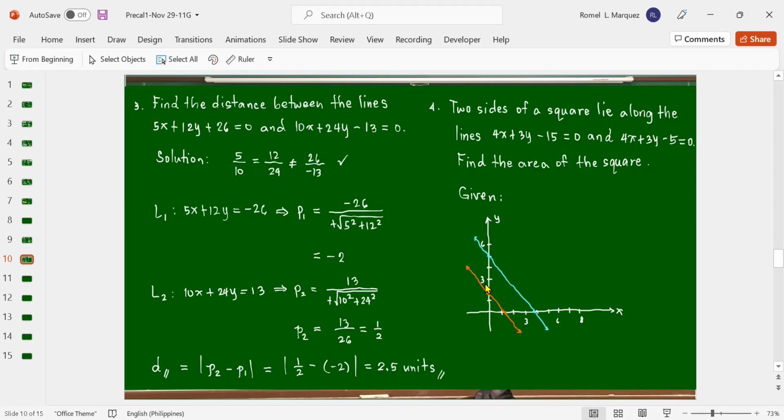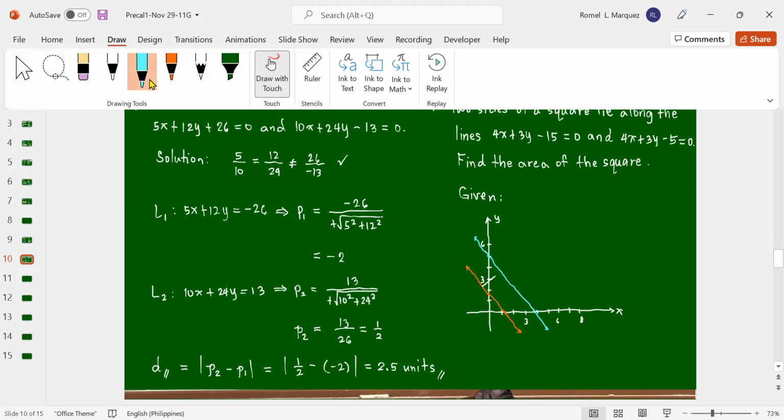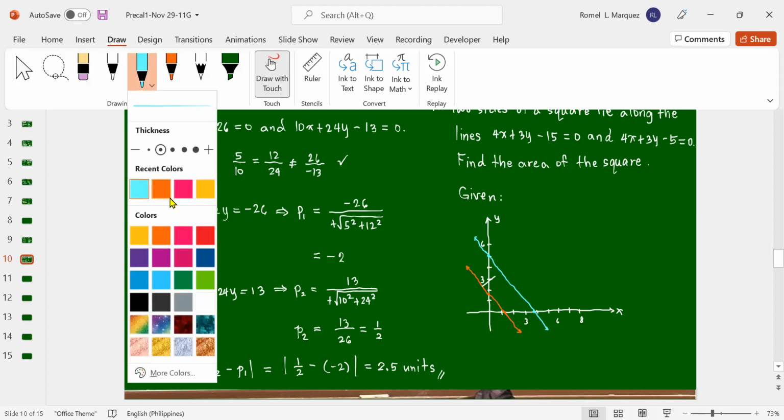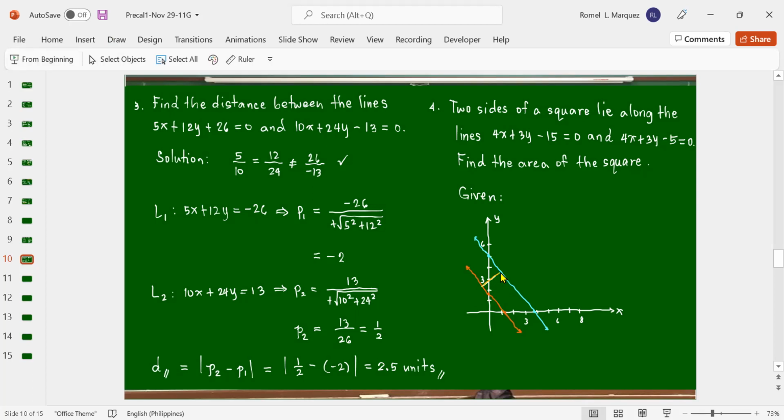So you can draw the square anywhere, no? So let's say my square is here. So this is my square, for instance. Whatever this length, that's the length also here, no? So that's the square.